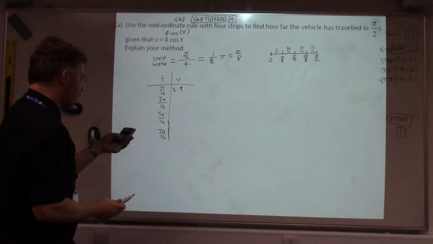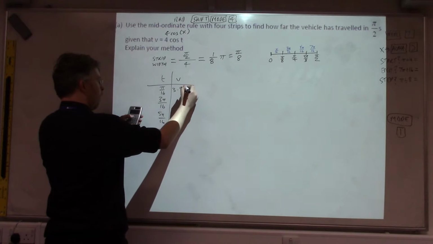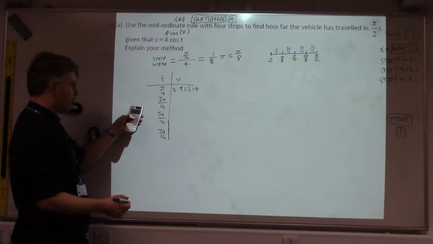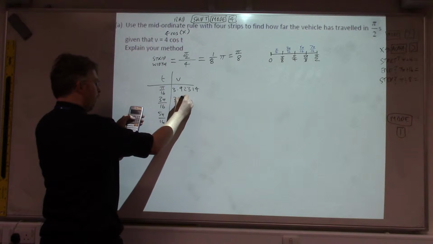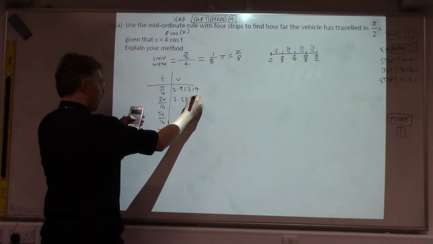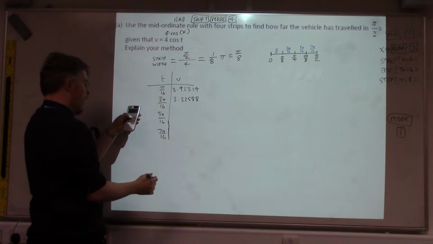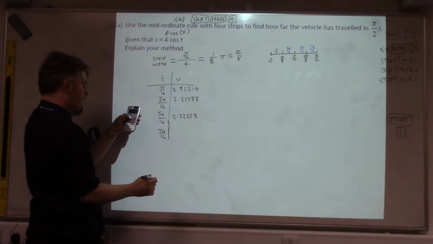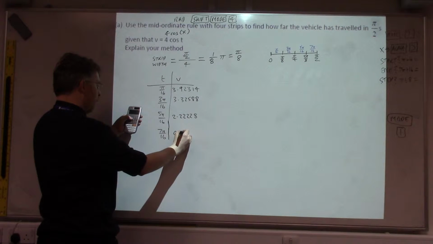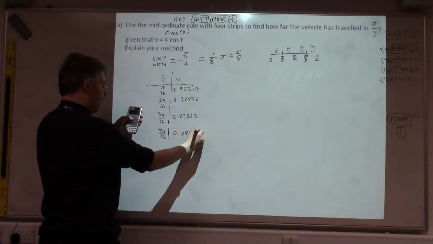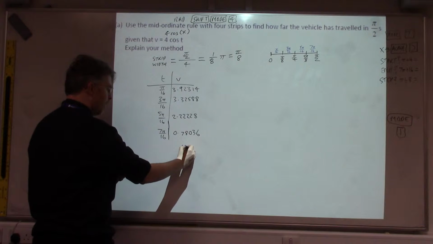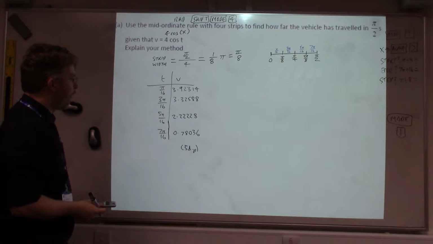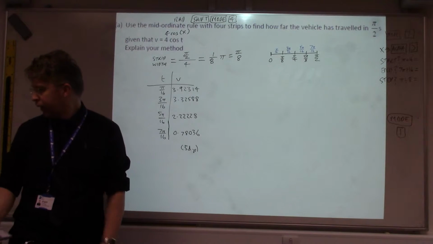I say 5 decimal places will be sufficient. 3.92314 to 5 decimal places, panning down, 3.32588 to 5 decimal places, 2.22228 to 5 decimal places and 0.78036 to 5 decimal places. And that will be a sufficient level of accuracy to get our final answer to 4 decimal places.